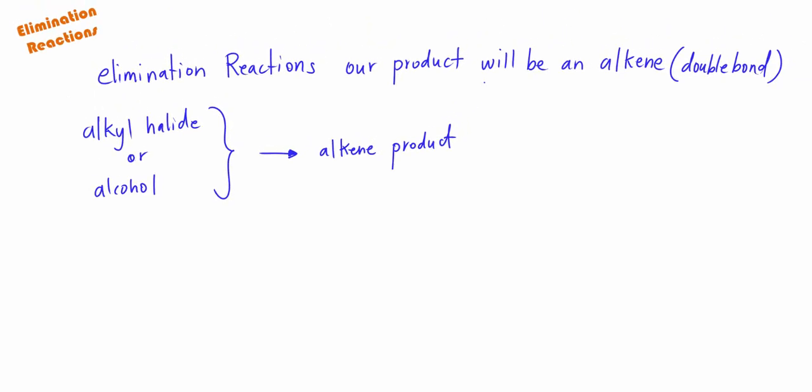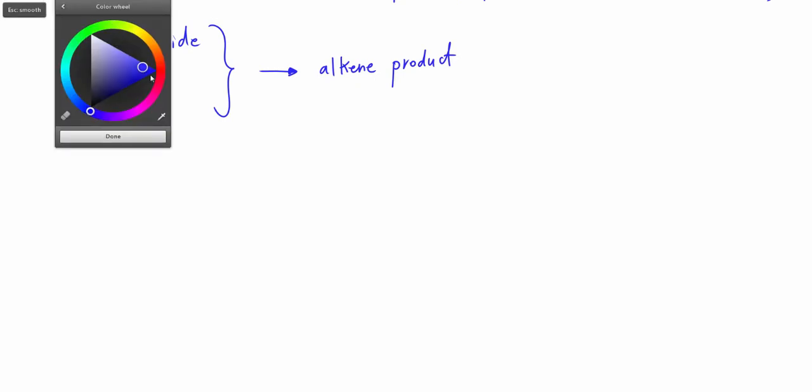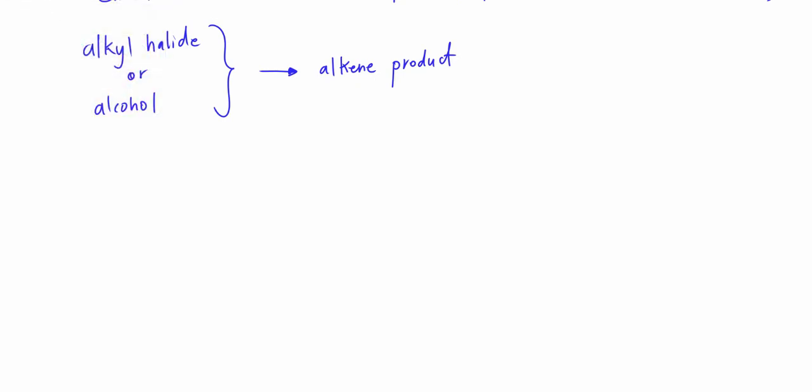Okay, so let's look at an alkyl halide, for example. Let's say we have, to use a very simplistic one, a molecule with Br. So, in an elimination reaction, we're going to have an alkyl halide, and we can say a base or nucleophile.